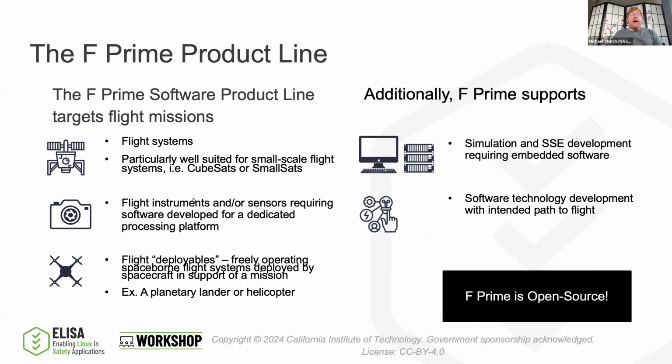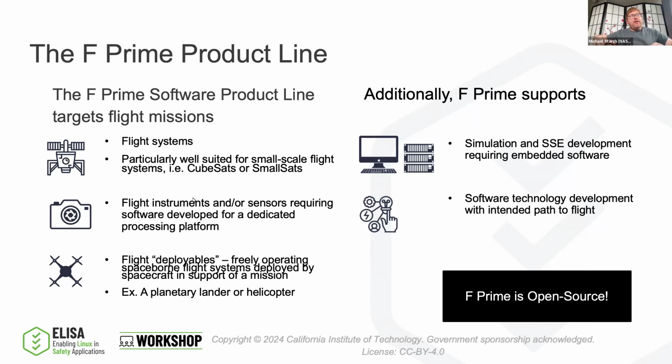So we started shifting and trying to come up with a new way of developing flight software. And that yielded the F Prime product line. So F Prime is a flight software product line that is the control software for your spacecraft, and it is designed to run on flight systems, specifically CubeSats, small sats, that sort of thing. It can also run on flight instruments, flight deployables like the Mars helicopter, and we also support simulation and software technology development.